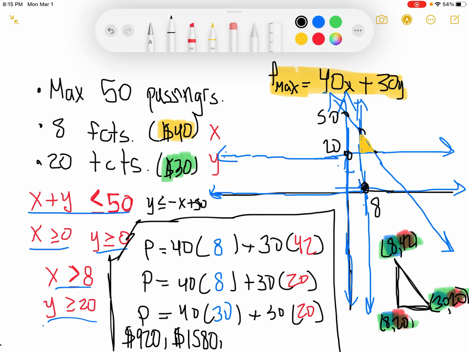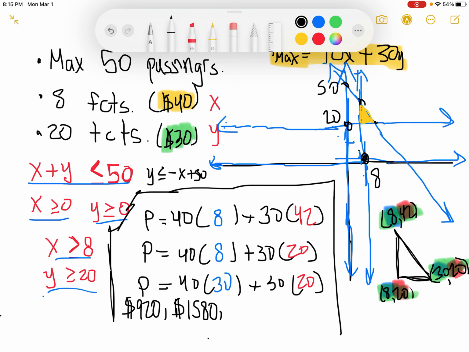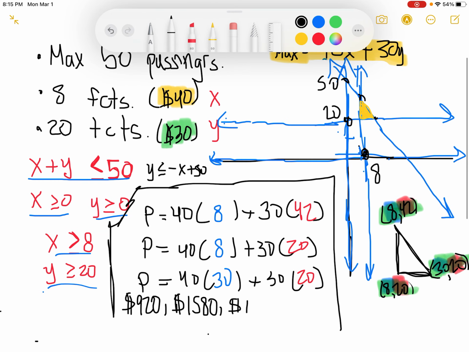Obviously, we see that 1,800 is the best one. And that was for the bottom one. So this is the best possible situation, which would be for this point right here. At that point on the graph, it's the best.